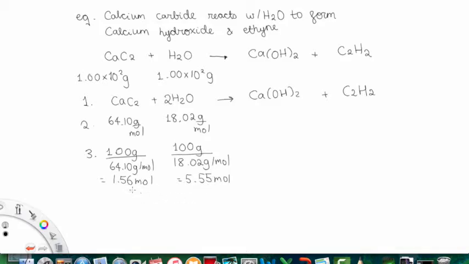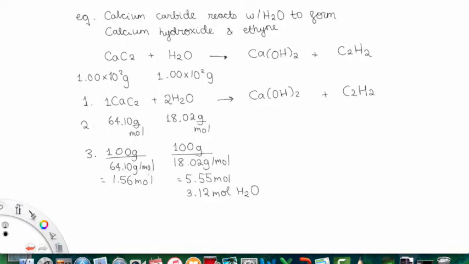So now let's compare the calculated moles to the required moles. So what that means is for every 1.56 moles of the calcium carbide, that requires 2 times 1.56 moles, or 3.12 moles of H2O. And the reason for that is we have 1 mole of calcium carbide, but we have 2 moles of water, right?